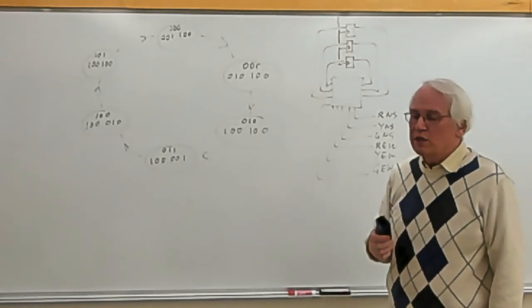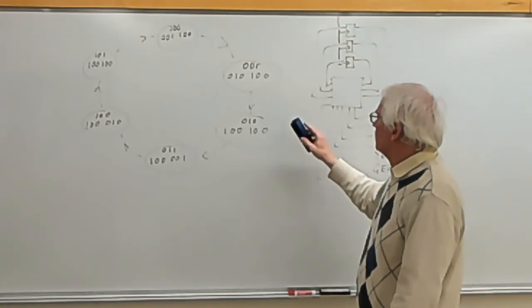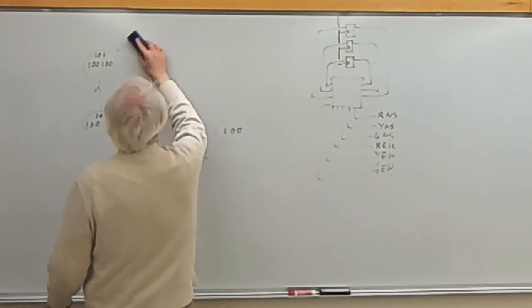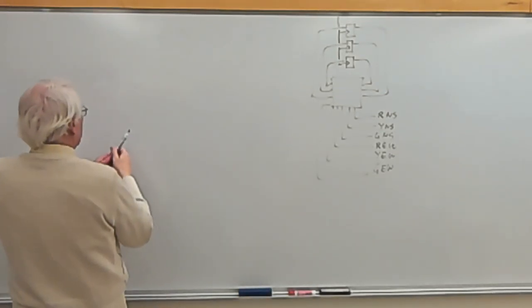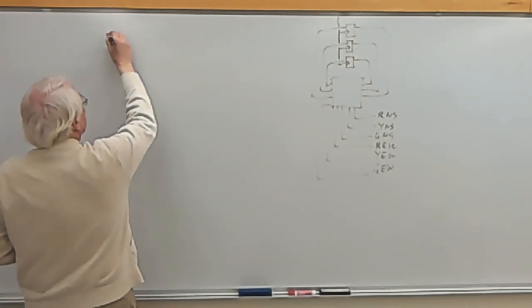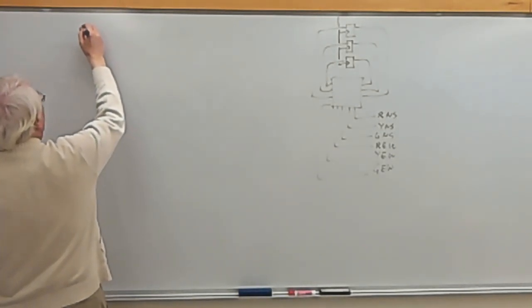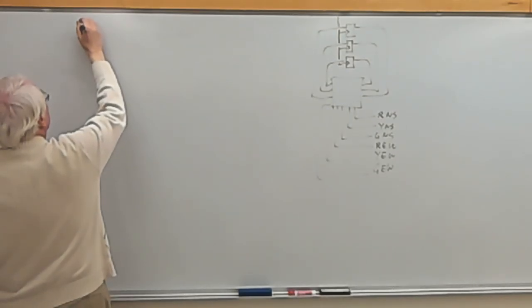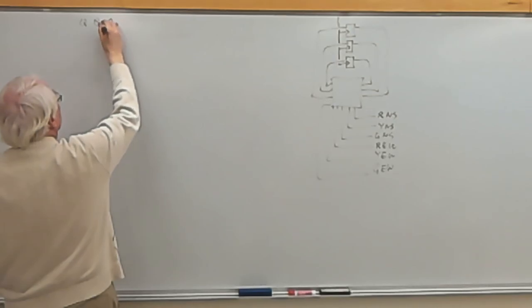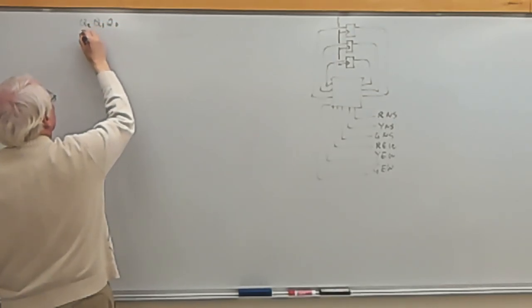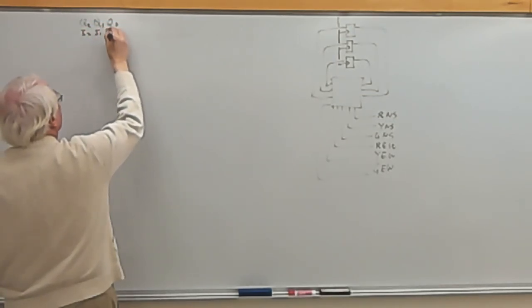First part of it is going to be very, very much the same. You're going to need to remember that bubble diagram. I've got my Q's, which are my inputs, Q2, Q1, Q0.